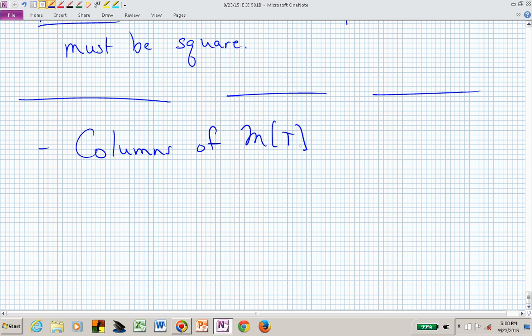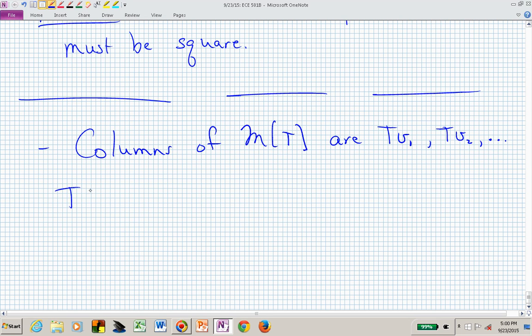To fill this out just a little bit, if we look at the columns of the matrix representation of T, we are looking at TV1, TV2. Remember how we were creating these matrix representations?